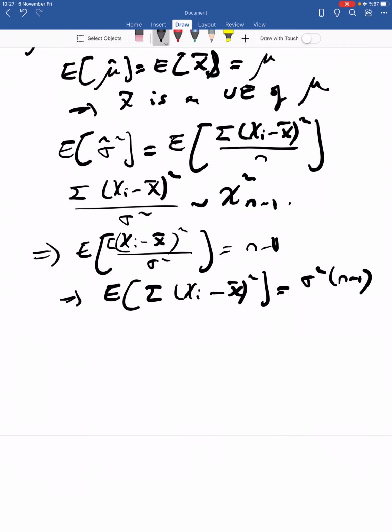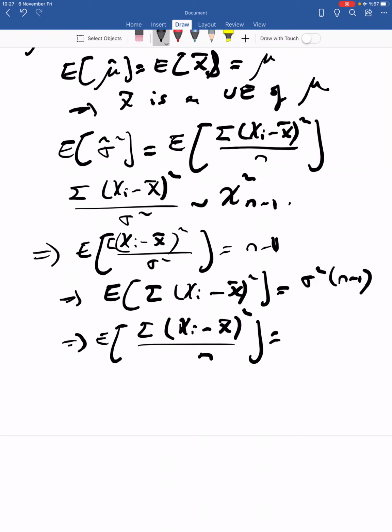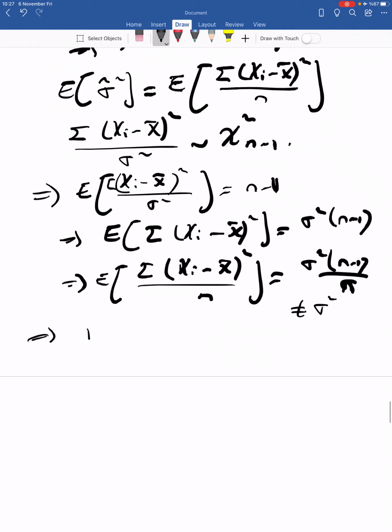But sigma hat square has an n term in it, and n is just a constant, so the expectation of sigma hat square is sigma square times n minus 1 over n. As you can see, this is not directly equal to sigma square. So the MLE of sigma square is not an unbiased estimator of sigma square.